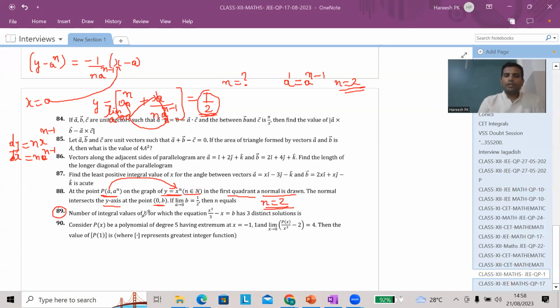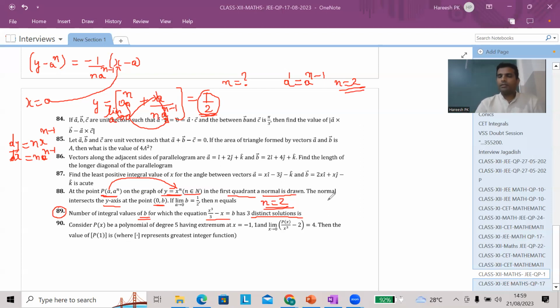Number of integer values of b for which this has 3 distinct solutions. Again, this is a commonly asked JEE type of question. So whenever they ask maximum number of solutions in an equation, I told you will have to differentiate and see how many roots the derivative is having.